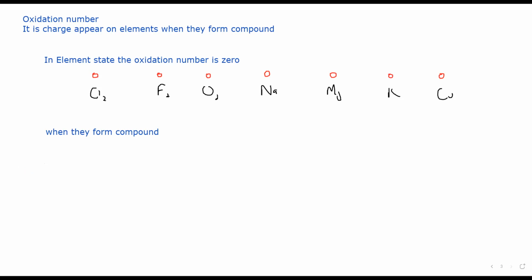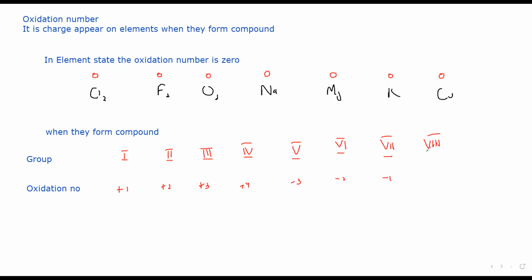So depending on the group, the common oxidation number for group 1 is +1, group 2 +2, group 3 +3, group 4 commonly +4, group 5 -3, group 6 -2, group 7 -1, and group 8 the oxidation number is 0.